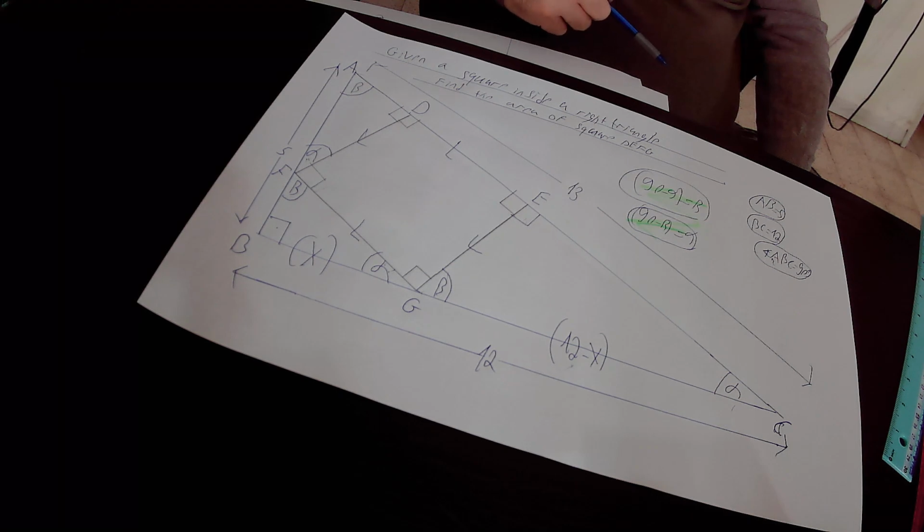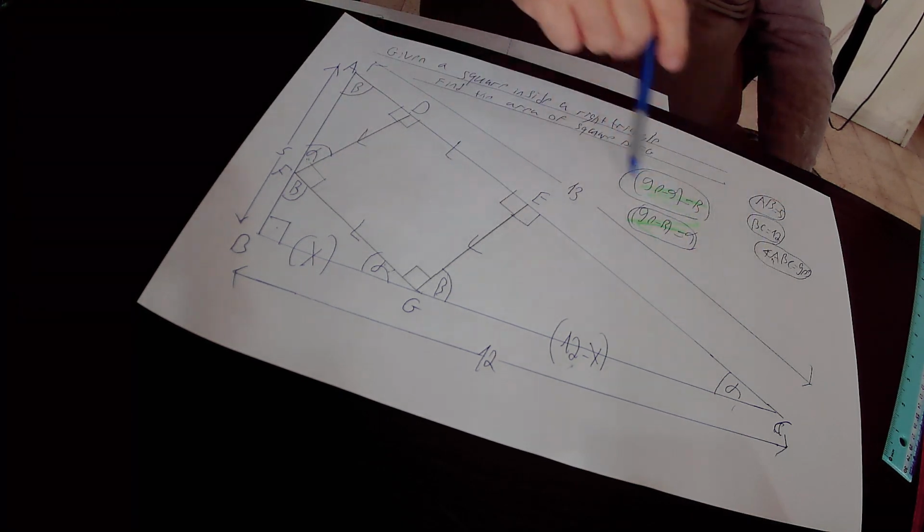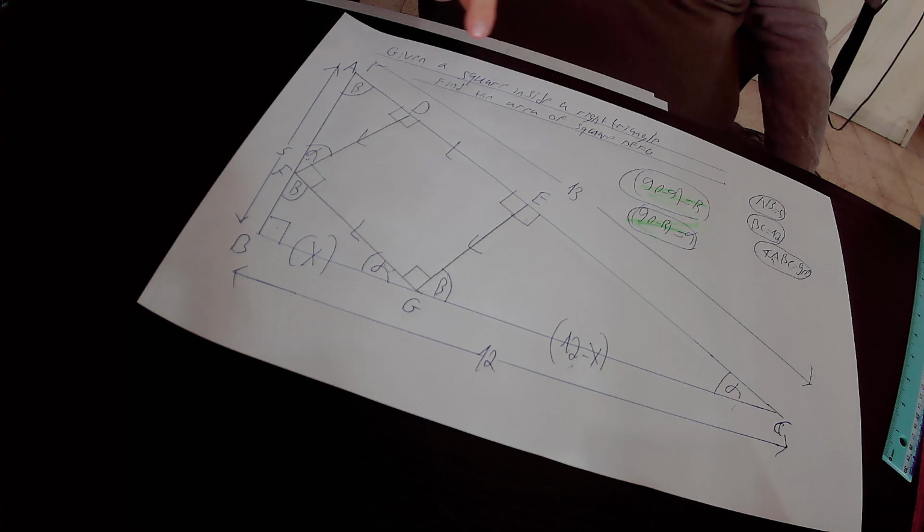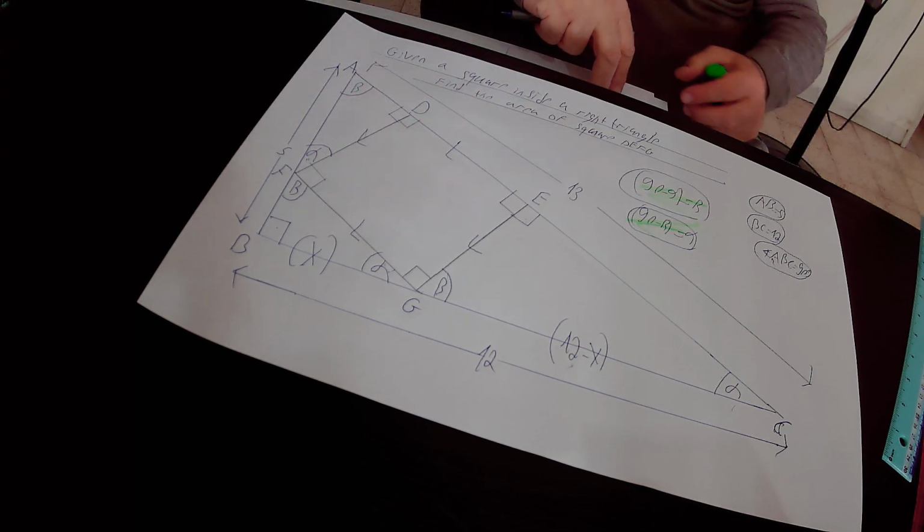So first of all, we implemented the Pythagoras theorem on this right triangle ABC. According to the Pythagoras theorem, in any right triangle, the square of the hypotenuse equals the sum of the squares of the perpendiculars. So in the right triangle ABC, the hypotenuse is AC, therefore AC square equals AB square plus BC square.